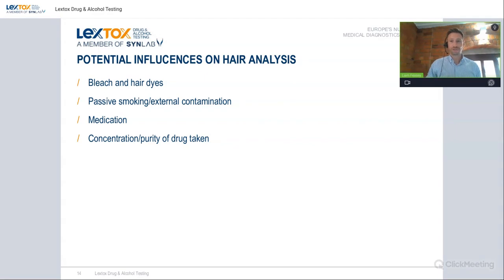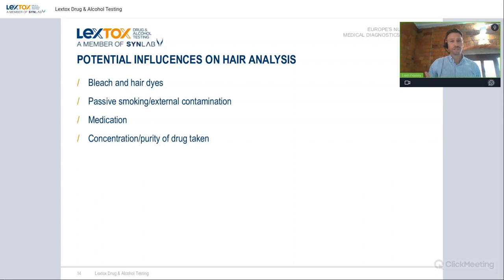Passive smoking, external contamination. So this is a very common question that I get asked around. My client was at a party, people were smoking cannabis. Could this explain the positive cannabis result that has been detected in my client's hair sample?